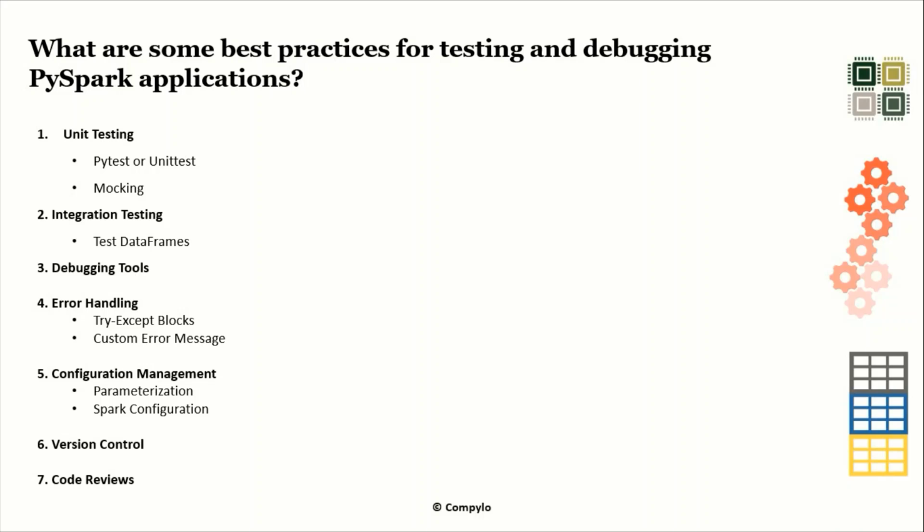Next is integration testing. We can create sample data frames to validate transformations and actions in our functions. We can use programs like Databricks, AWS EMR, or IntelliJ with the PySpark plugin as debugging tools. Under error handling, we can wrap our code in try except blocks to catch and log exceptions.